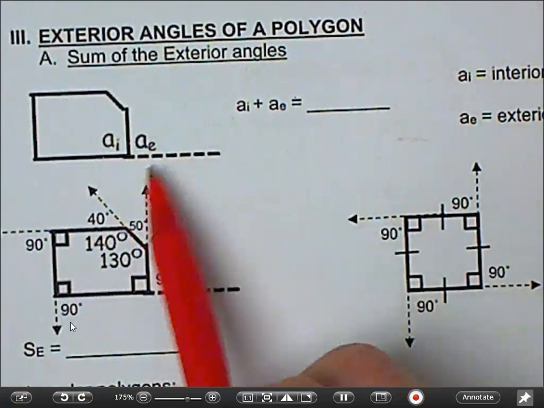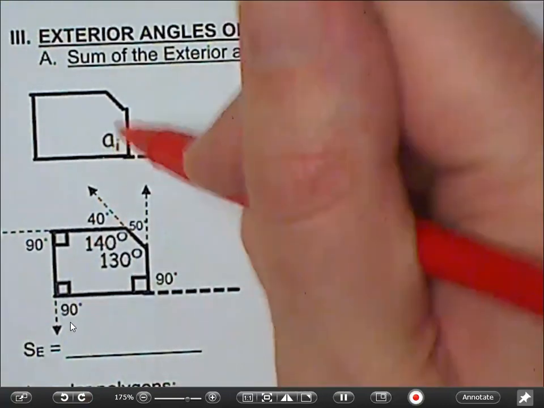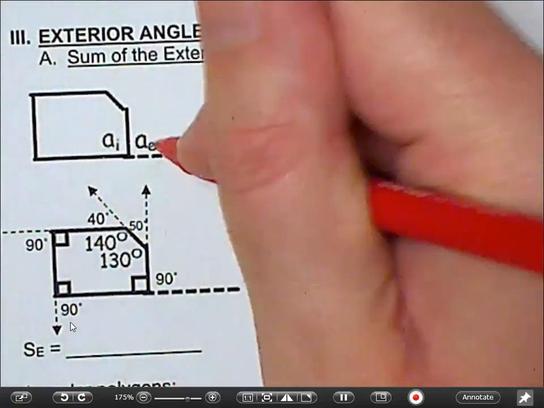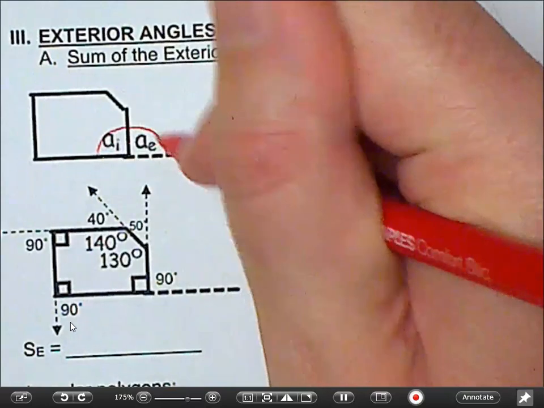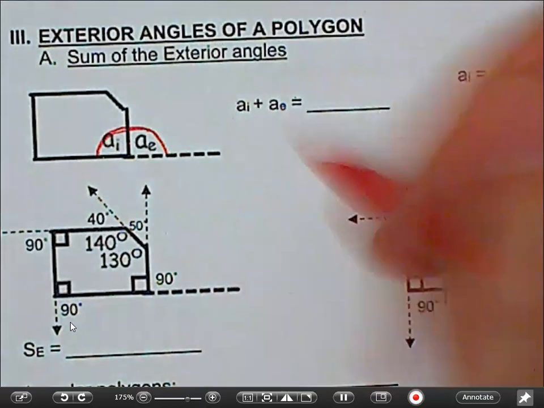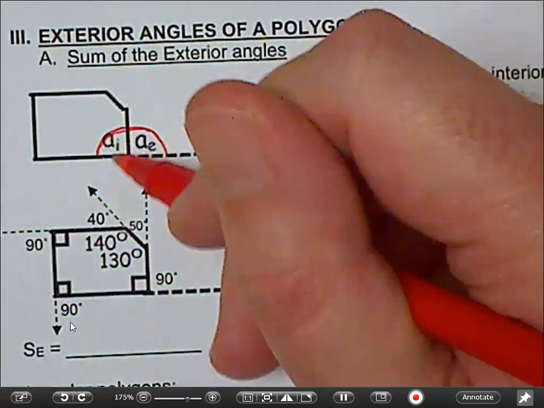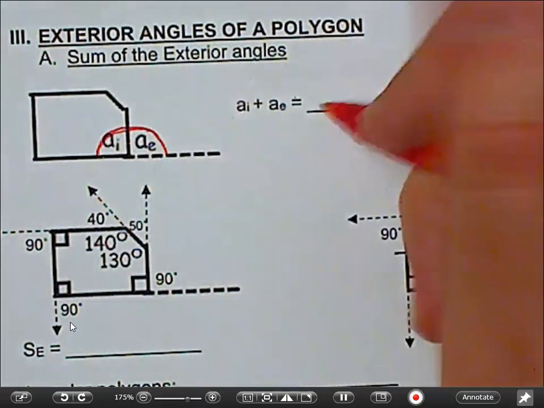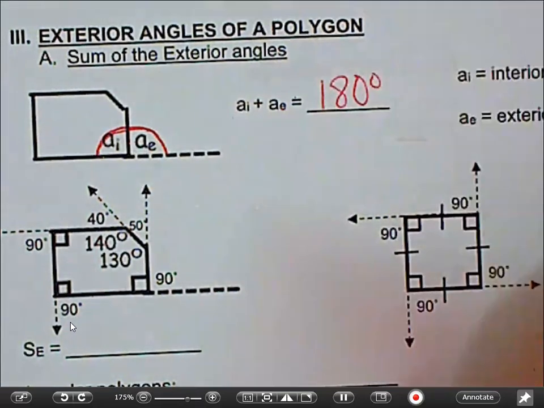So what they're getting at is if you take any polygon and you've got the interior and the exterior angle, the ones that are kind of side by side like that, notice that they make up a full straight line. So one characteristic to take into account is if you add the interior angle with its exterior angle, that's going to equal 180 degrees, just like a flat straight line is.